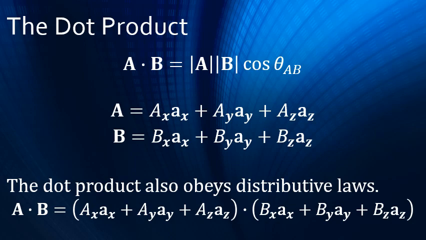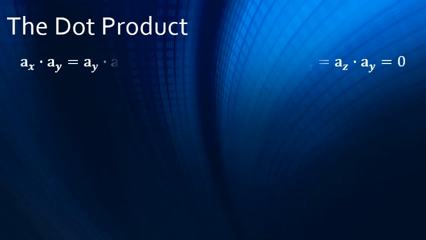Hindi. Mas straightforward siya. Lahat ng dot product ng unit vectors na magkaiba yung direction, kagaya ng ax at ay, ax at az, hanggang sa ay at az, equal niya yan 0.